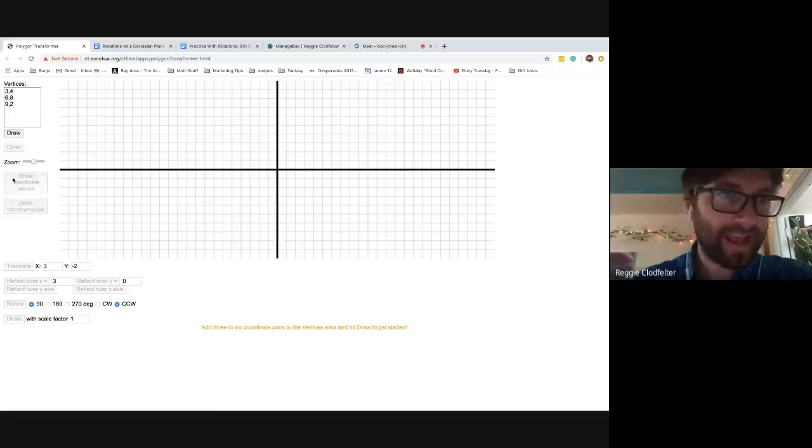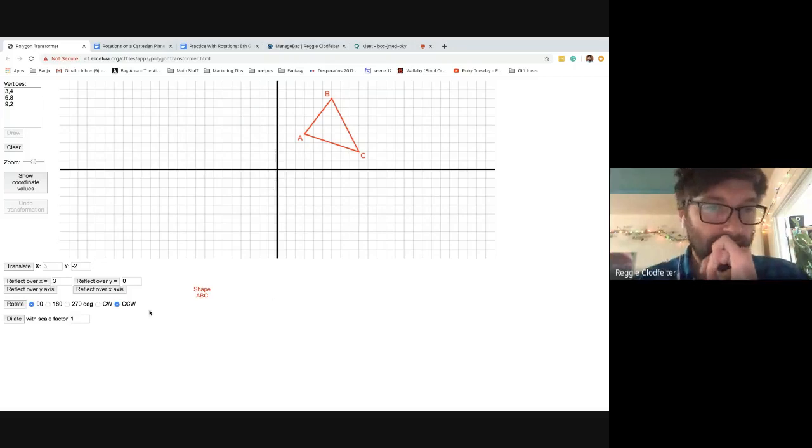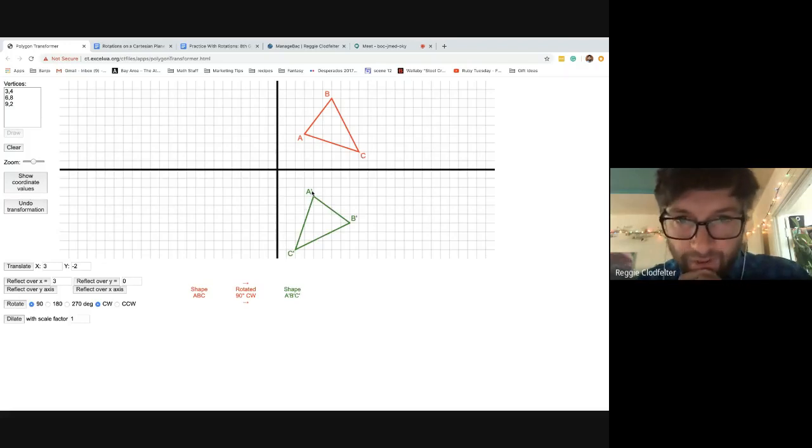First, does everyone know, we need to know this, we've got triangle ABC here. When I rotate it 90 degrees, it now has these little apostrophes. This means A prime, B prime, and C prime.